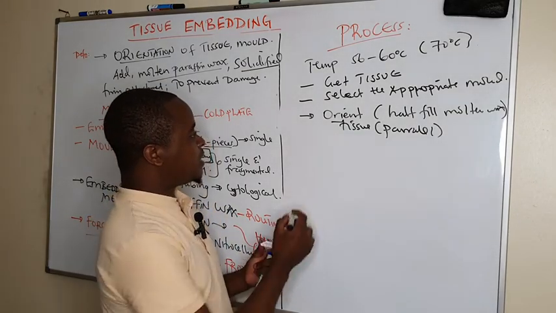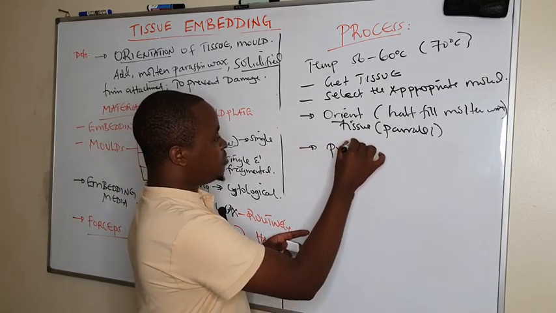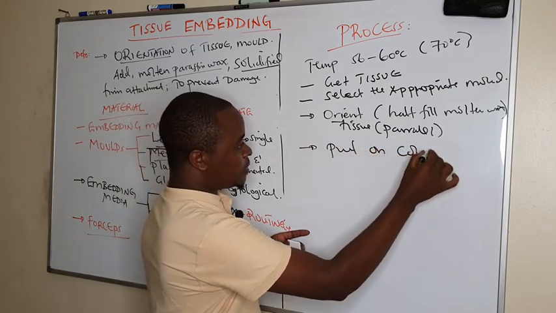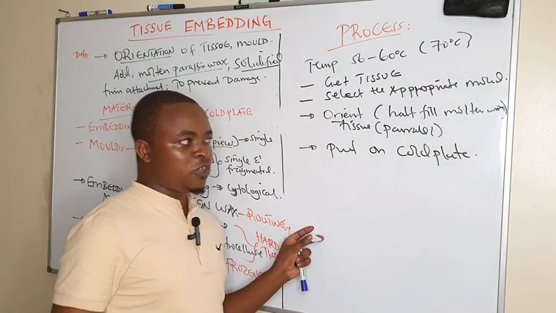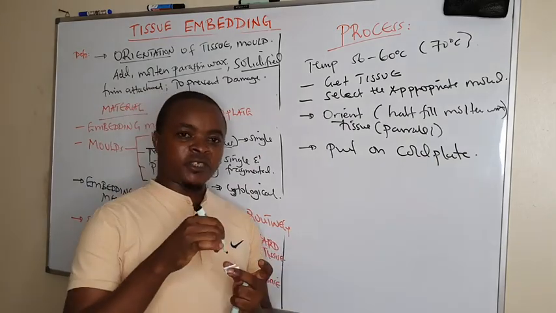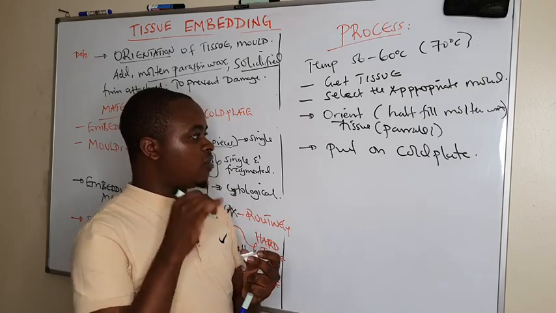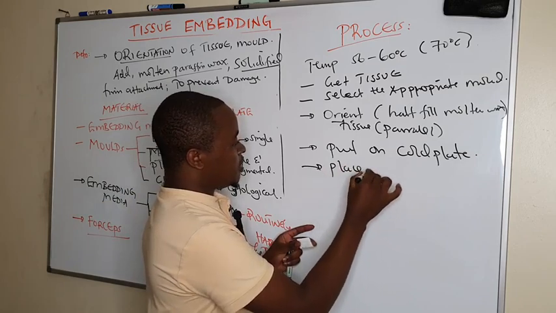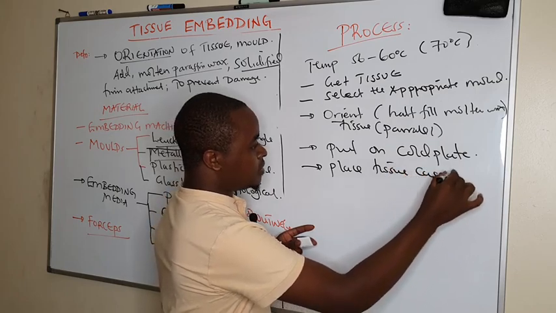Then after that, that's when we shall put this mold on the cold plate. As we said, the machine has the cold plate. After putting it on the cold plate, using a forceps, we make sure it is firmly attached on the surface of the mold, and then we place the tissue cassette there.